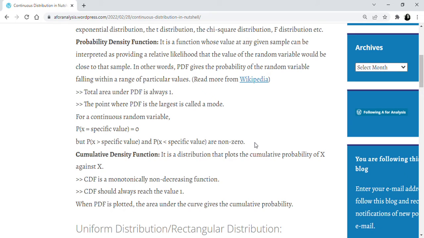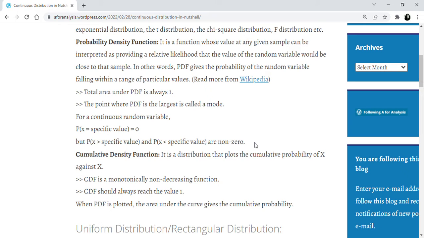A few characteristics of the CDF are that it is a monotonically non-decreasing function. That's not exactly the opposite of increasing, because non-decreasing means it is never decreasing. It might increase or it may be stable, but at no point in time would it decrease.